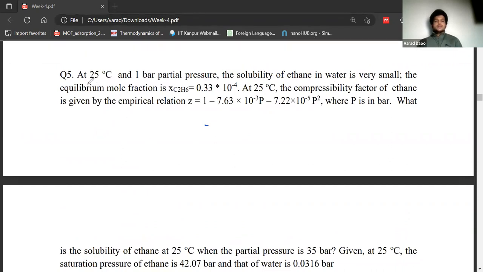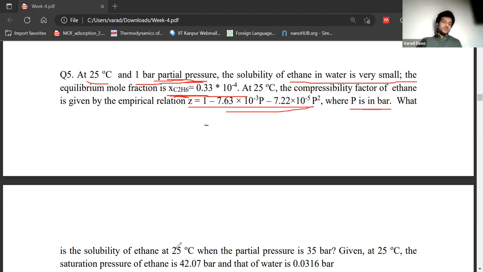So what we are given is at 25 degrees centigrade and 1 bar of partial pressure. Remember, it's a partial pressure. The solubility of ethane in water is very small. The equilibrium mole fraction of ethane is this, 0.0033. And at 25 degrees centigrade, the compressibility factor of ethane is given by this empirical relation, where P is the pressure and it is in bar.